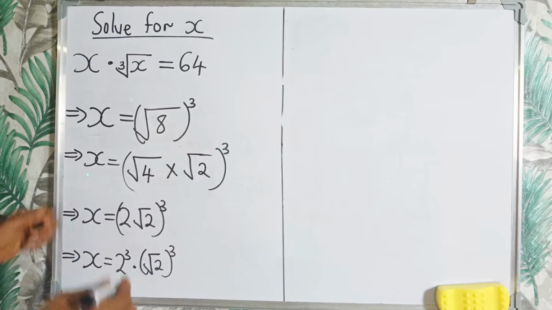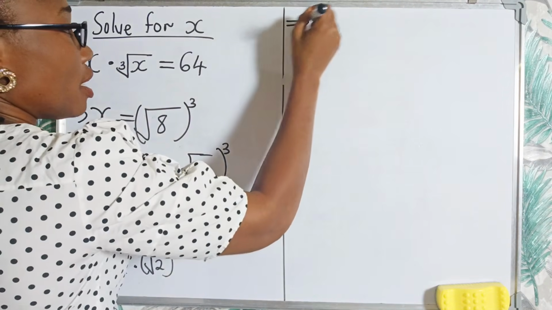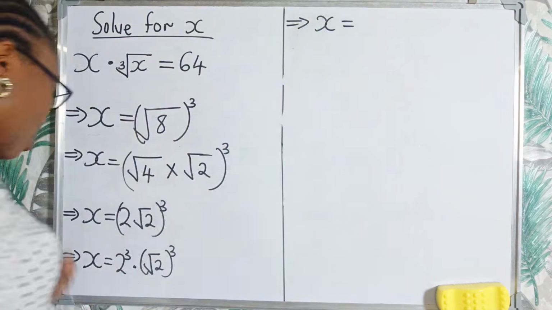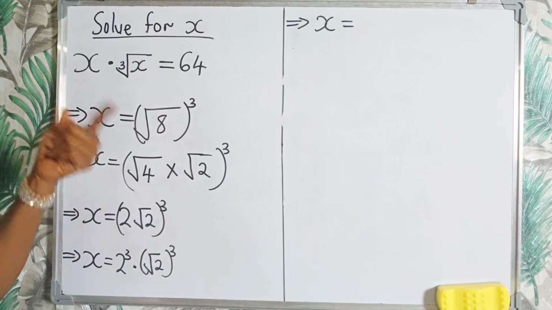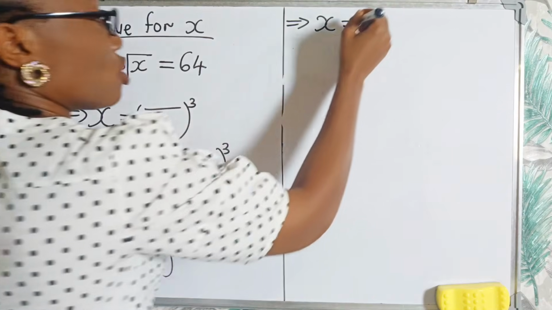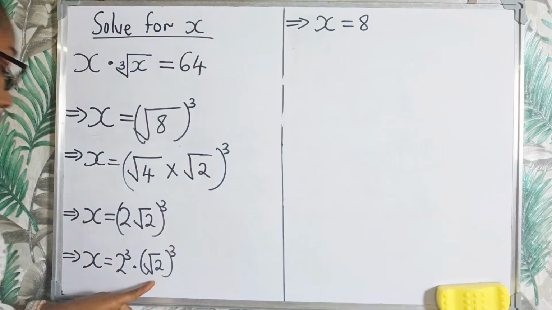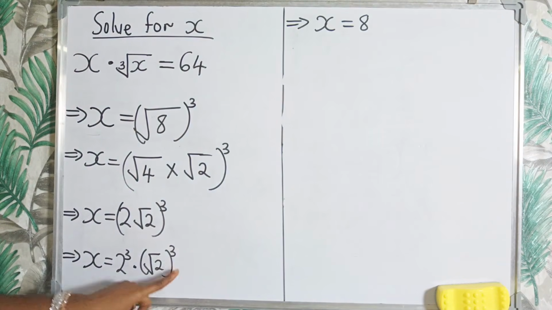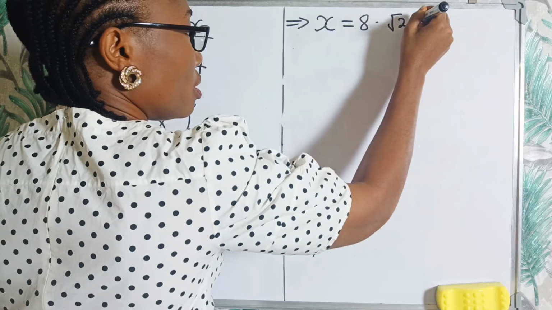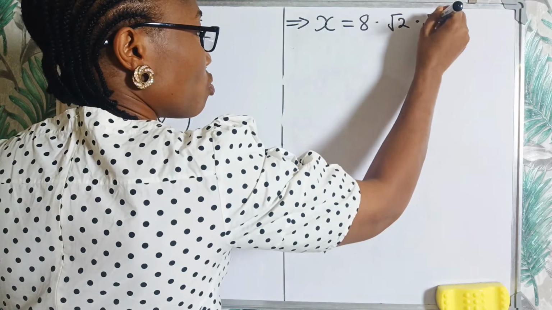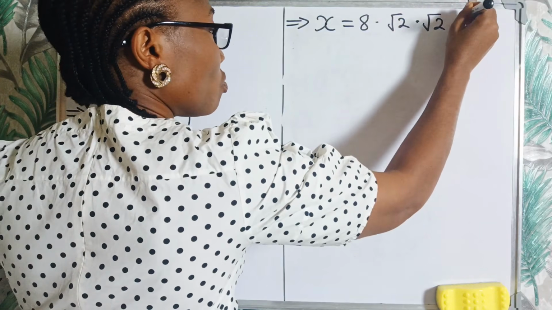So now x is equal to 2 raised to power 3, which is 2 times 2 times 2, which is 8. And the square root of 2 raised to power 3 is going to give us root 2 times root 2 times root 2.